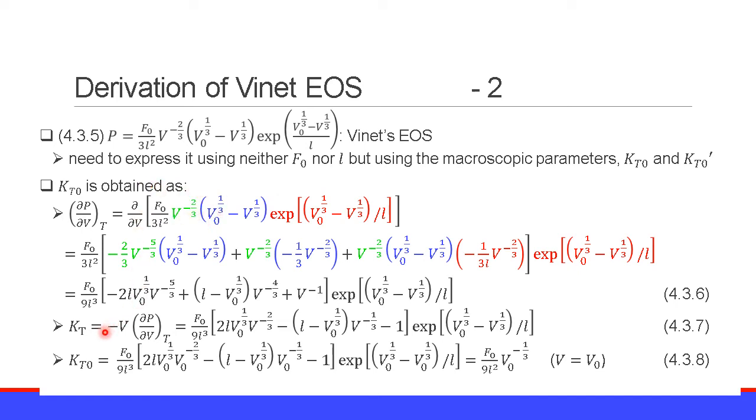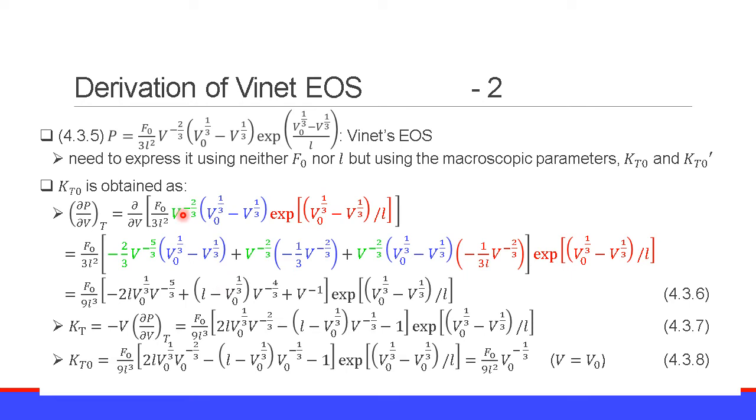The definition of KT is minus V times ∂P/∂V at T. Therefore, we first obtain ∂P/∂V at T. So we differentiate Vinet's equation of state with respect to volume.